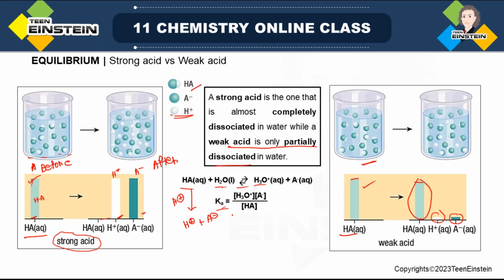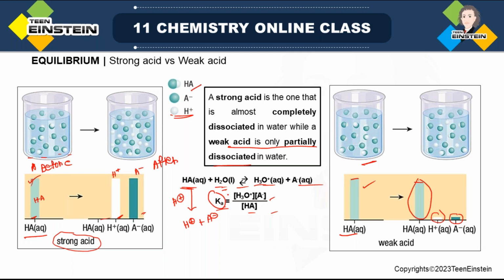If you consider this equilibrium for the dissociation of the general formula of acid HA, then the corresponding equilibrium constant Ka should be represented like this. Look at the numerator and denominator. In the numerator we have the concentrations of the species present in the right hand side, divided by, in the denominator, the HA concentration from the left hand side, and we have omitted H2O because it is present in large excess.